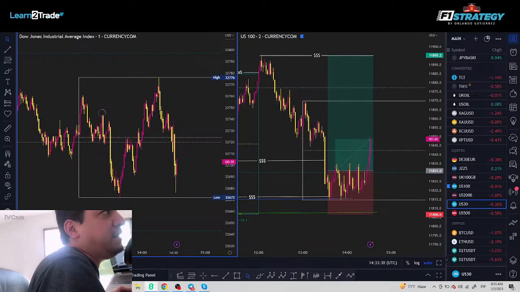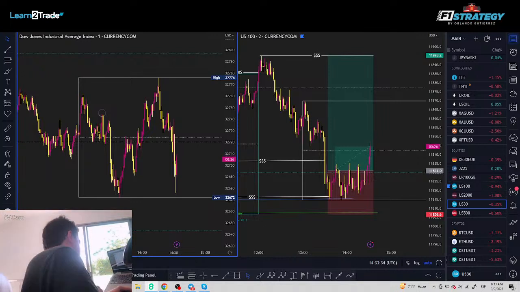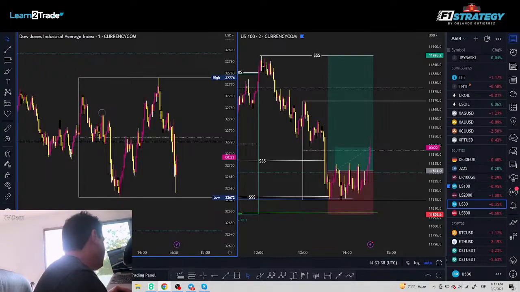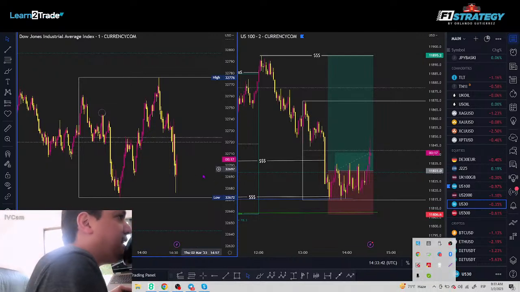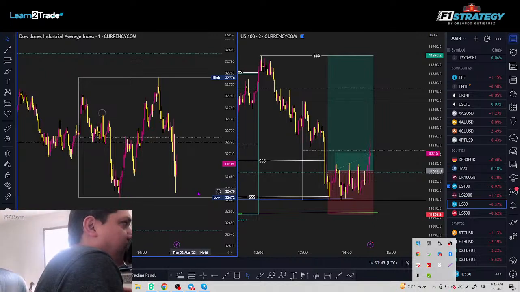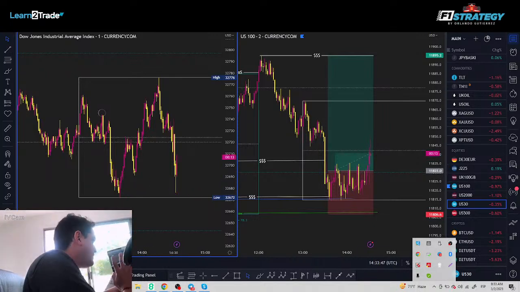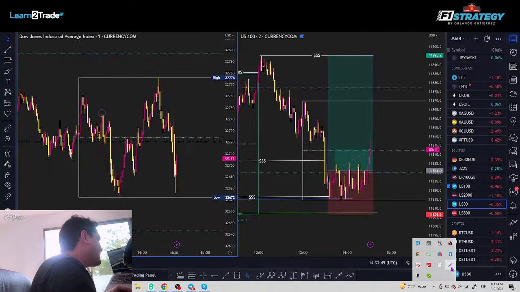This is why we manage our risk. So there you go. Boom. Nasdaq, that's right. All right, so see the mitigation of the bullish order block on the Dow Jones. This gives me joy.